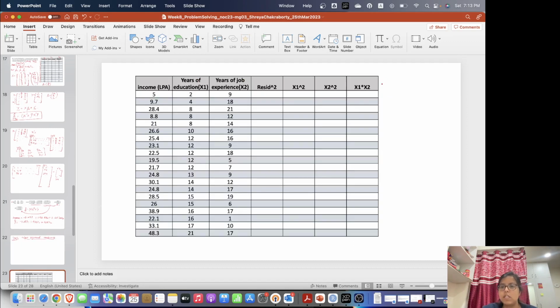So our model was y equals minus 7.097 plus 1.933 x1 plus 0.694 x2. So substituting these values here, we would have y hat.